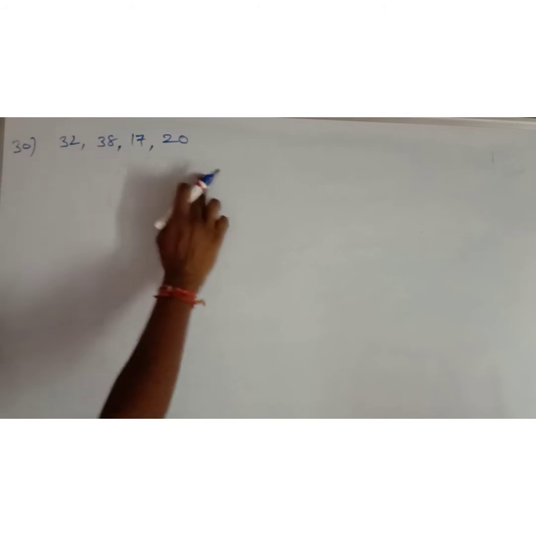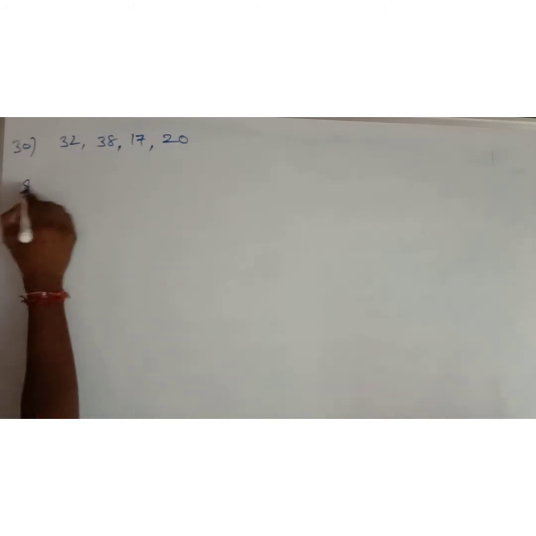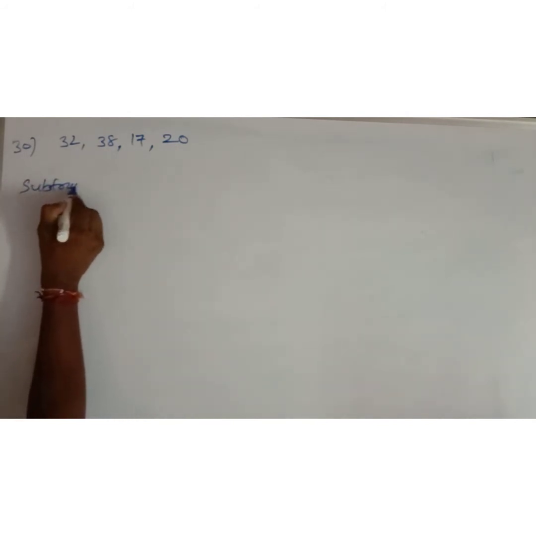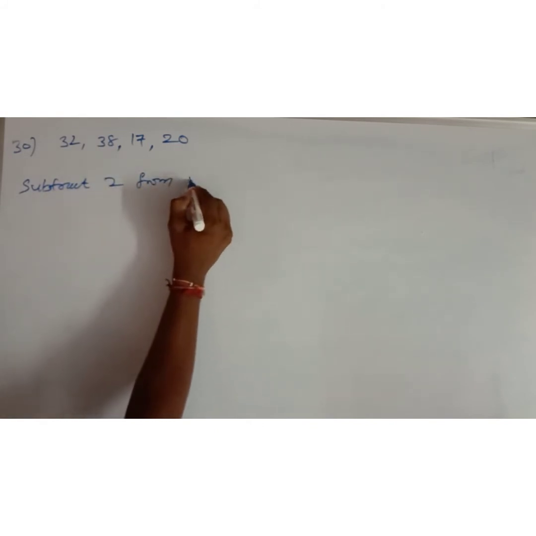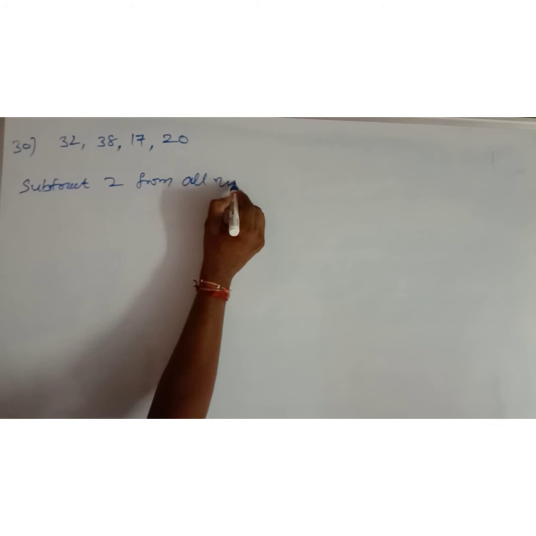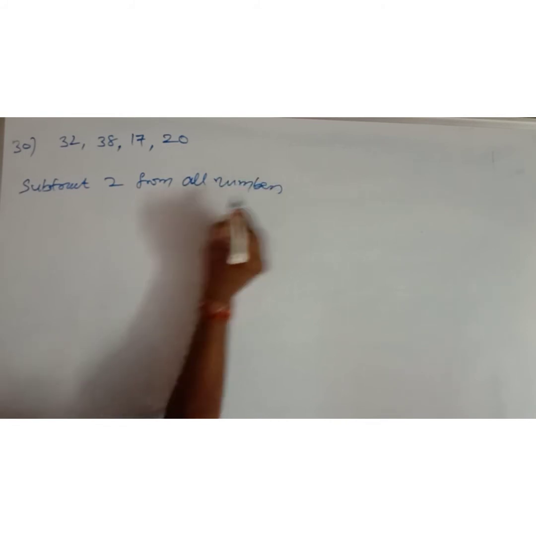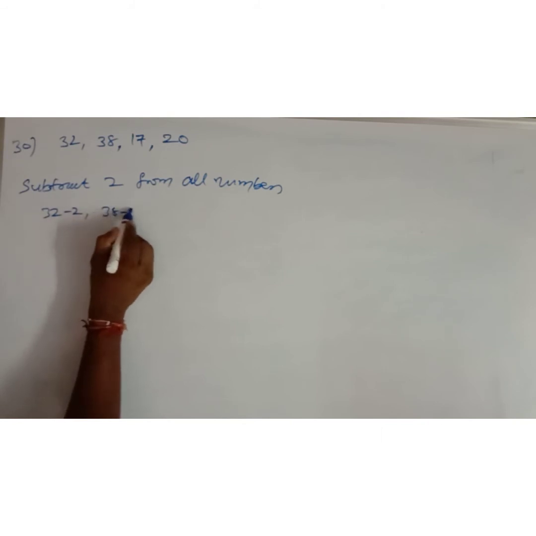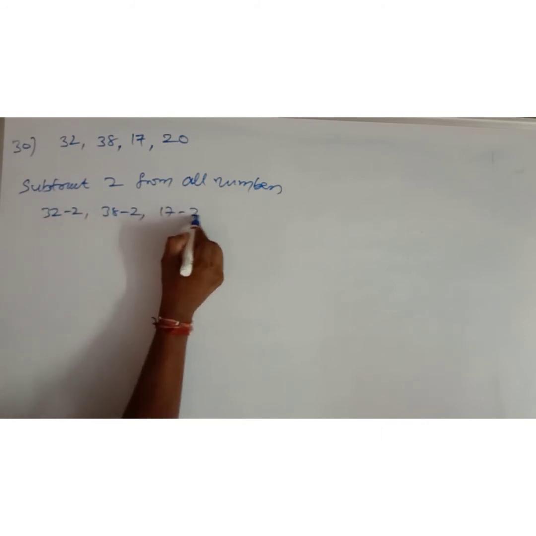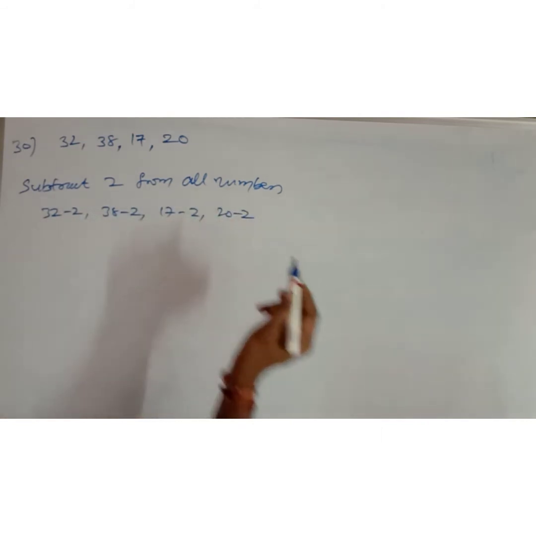See here, if I subtract 2 from these numbers, then automatically all these numbers will be divisible by 3. So subtract 2 from all numbers: 32 minus 2, 38 minus 2, 17 minus 2, 20 minus 2.